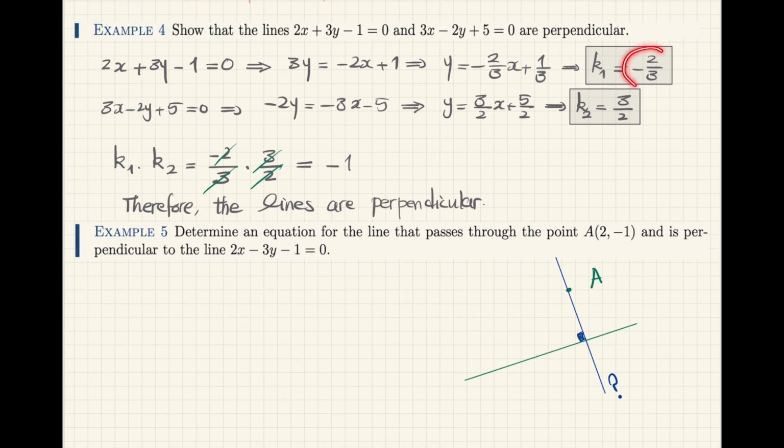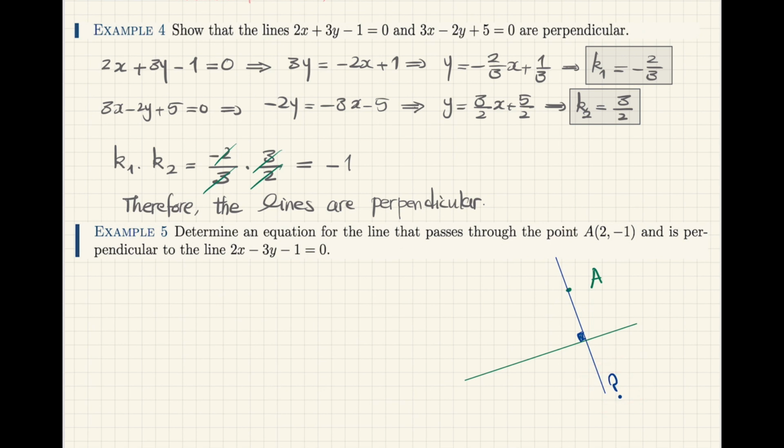So you see these two lines were perpendicular. What's happening? The numerator and the denominator are swapped, and then I have also an extra negative sign. So that's the story. Hopefully everything is now clear, and then you can use the one-point formula, for example, to determine an equation for this blue line.